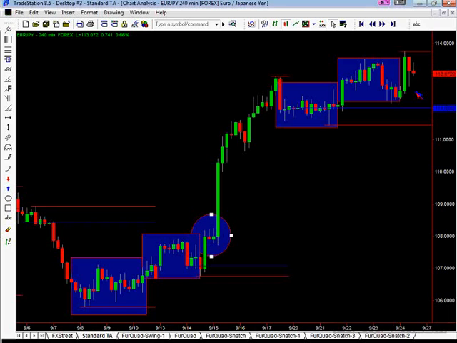This is nothing magical, this is nothing mystical, this is just very simply, does the right hand side of the chart, on the hard right edge, look similar to any point in history? That's all I'm doing. Nothing magical, nothing complicated. So the circle that I've just drawn, that's where we're at now.